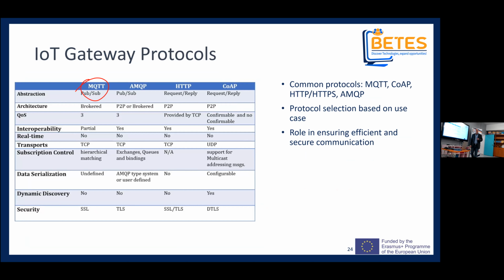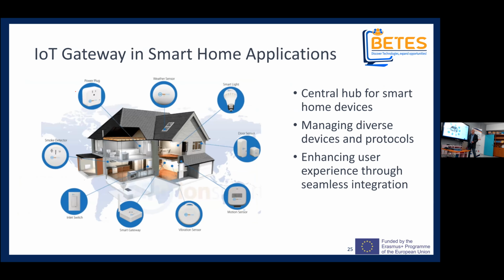I would say MQTT is excellent as a communication protocol for the Internet of Things. So please check out more about MQTT. I will talk about it in the next slides and also in the more advanced presentations that we'll have later.